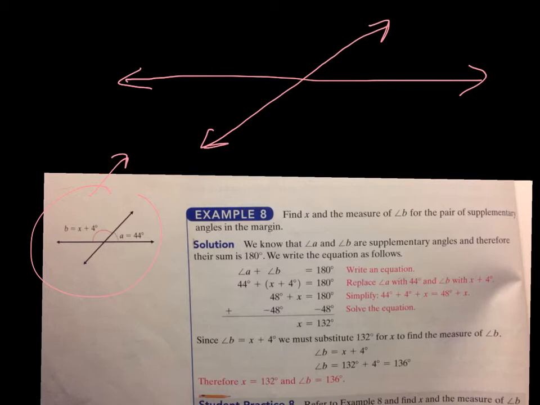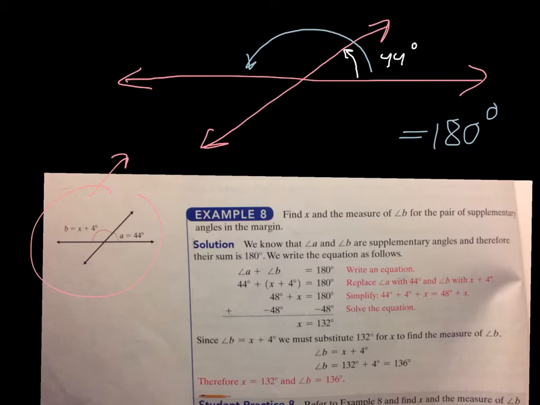Okay, so what do we know? We know that this whole thing from here to here is a straight line, so we know that it's going to equal 180 degrees, because it also said supplementary angle. And then what else do we know? We know that angle A, they gave us angle A, so from here to here is 44 degrees.